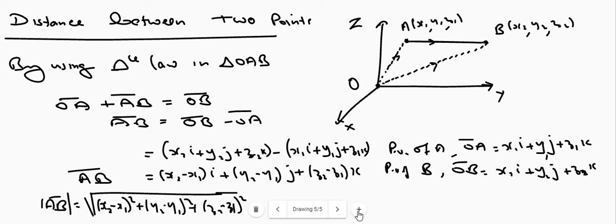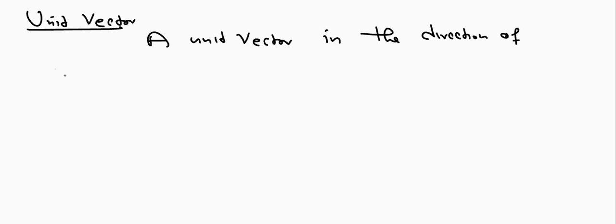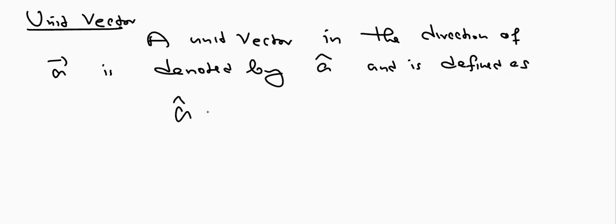Okay, next is unit vector. A unit vector in the direction of a vector is denoted by a cap and is defined as a cap is equal to a vector divided by modulus of a vector.